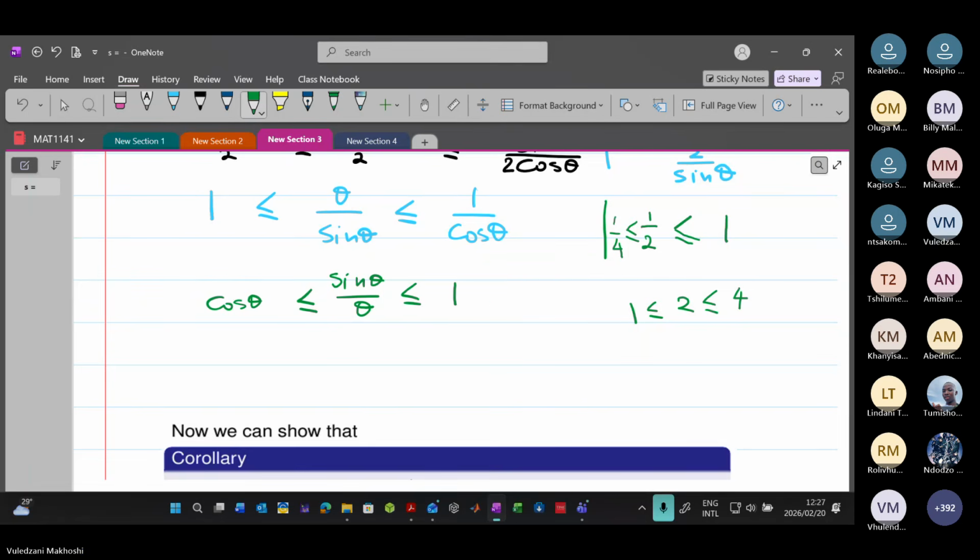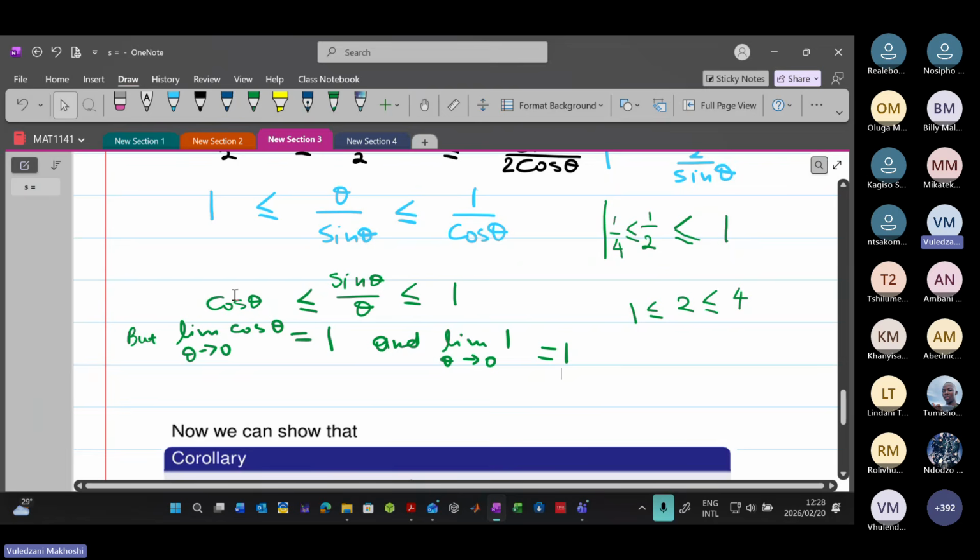Then we take the limit. The limit of cos theta when theta approaches 0 is 1, and the limit of 1 when theta approaches 0 is still 1. So this function is squeezed between two functions whose limit as we approach 0 is 1.